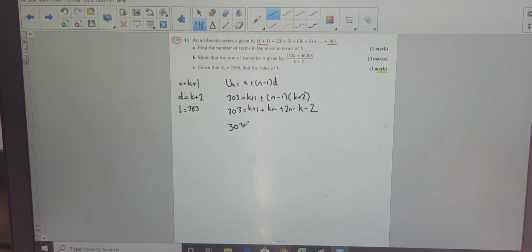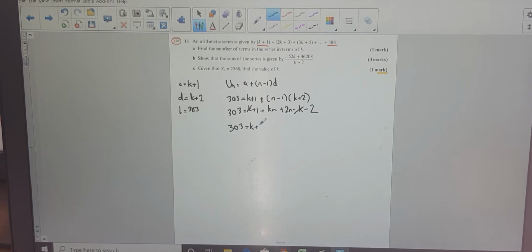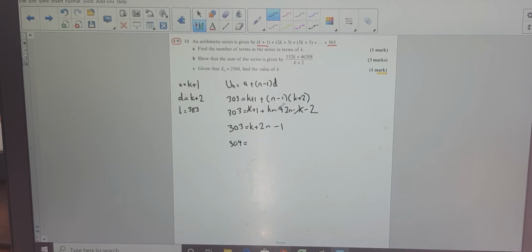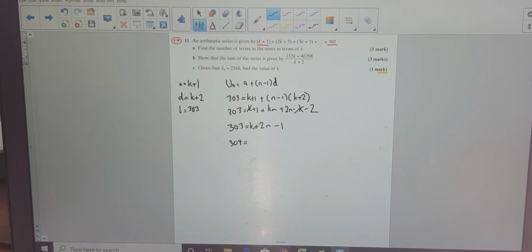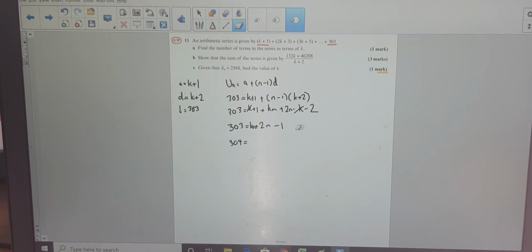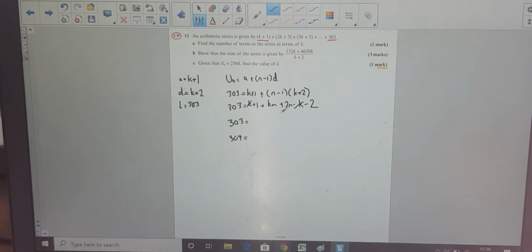Simplify. Well, my k and my k are going to cancel. Nice, so I've just got kn, add 2n, 1 take away 2 is minus 1. I've made a mistake there, sorry, I dropped off the n.